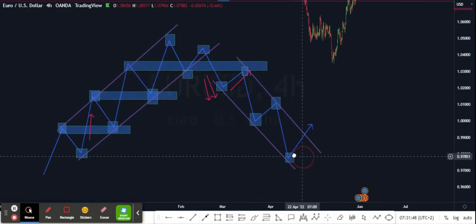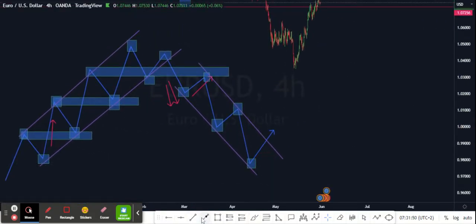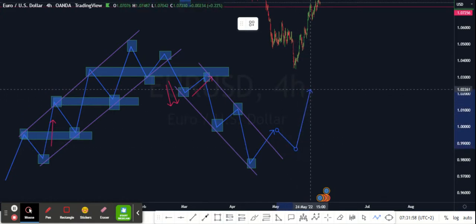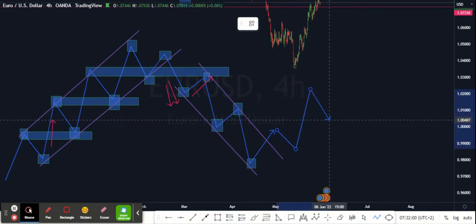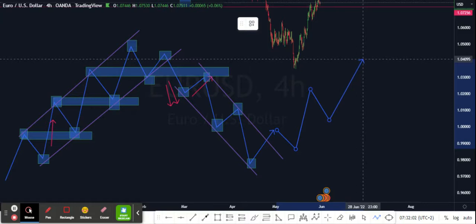And the same thing will actually apply here if we start to see that now we are forming a new high here, and then in this format like this.